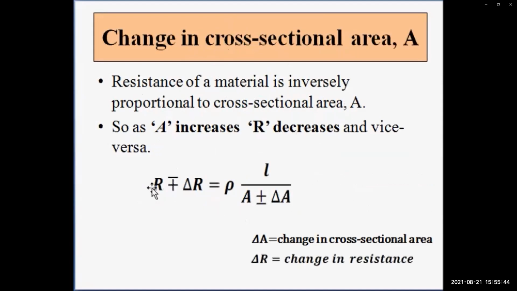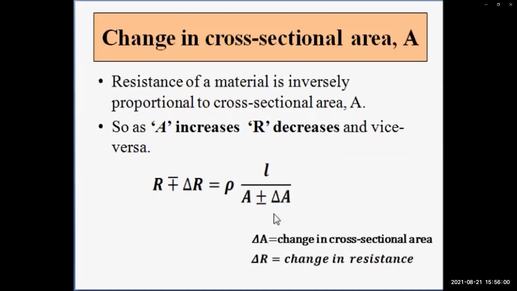Here, let us say the initial resistance of the material is R, which is going to be subjected to any force or pressure leading to compression or expansion, and due to that there will be a change in the cross-sectional area.